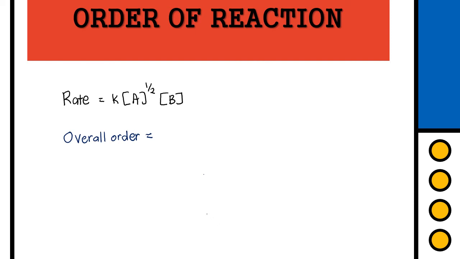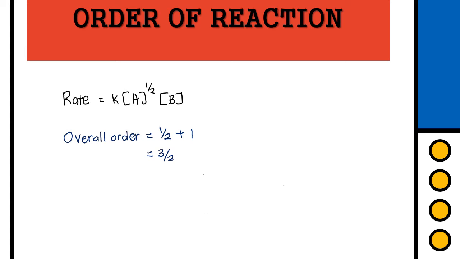The overall order will be half from A plus 1 from B. So the total overall order of reaction will be 3/2. So it's not necessarily a whole number. It can be a decimal and it can also be in fractions.